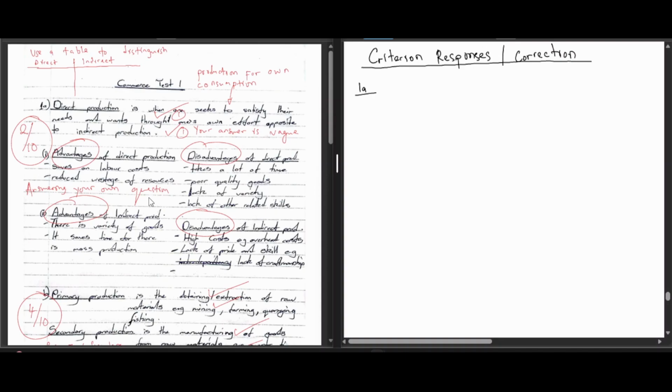So my advice would be there are 2 ways or more of answering this question, one of which would be using paragraphs. But the method I want to encourage is using a table.